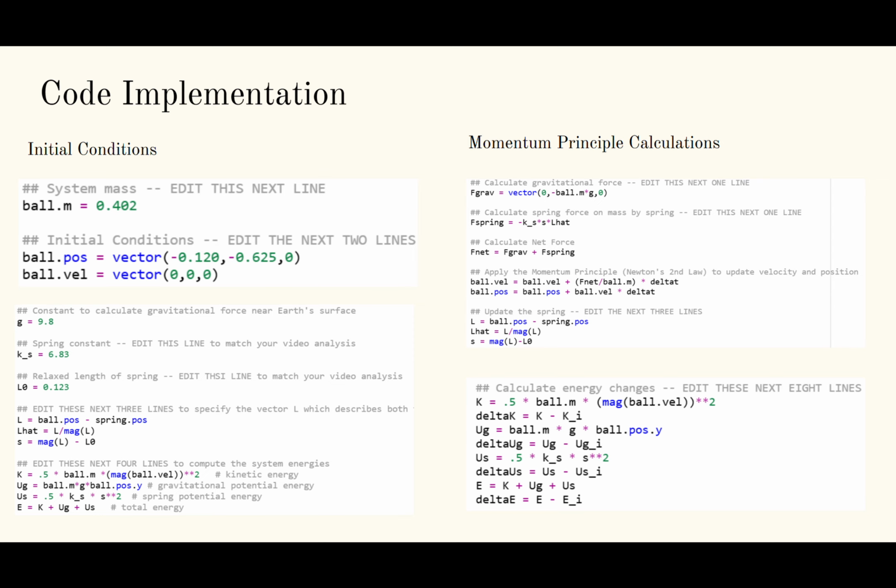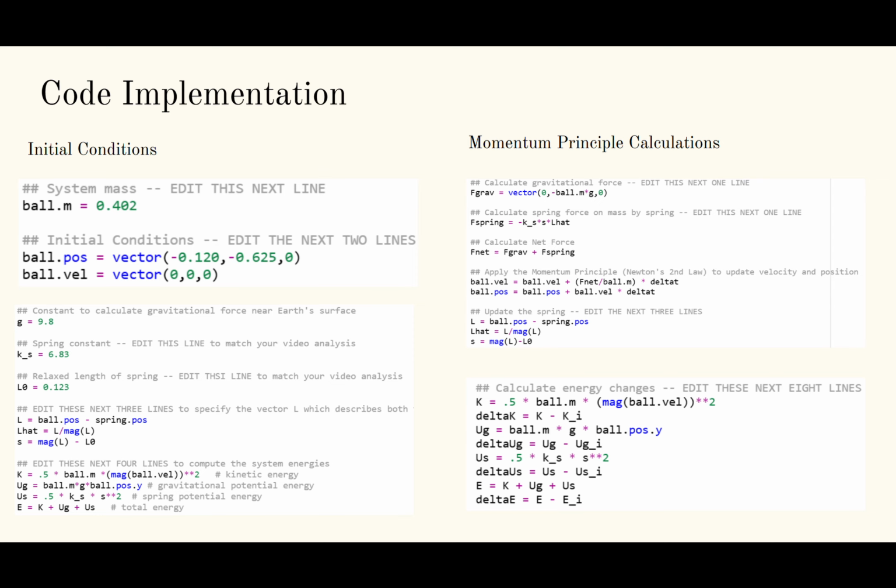In order to do the calculations, we say that F-grav is the vector 0, negative mg, 0, and the force of the spring is the negative spring constant times s, which is the magnitude of the change in the ball position and spring position, times L hat, and then the net force is equal to the sum of these two forces.